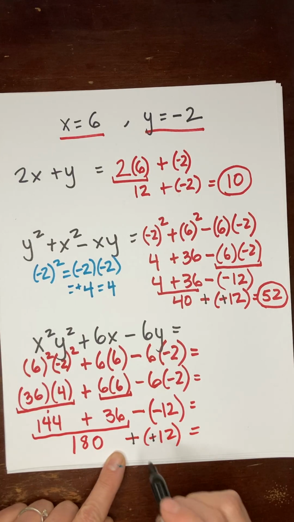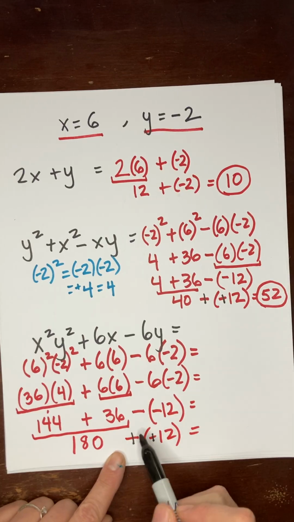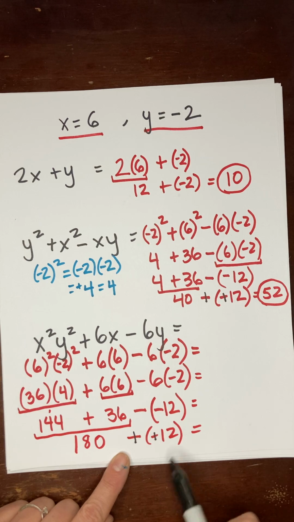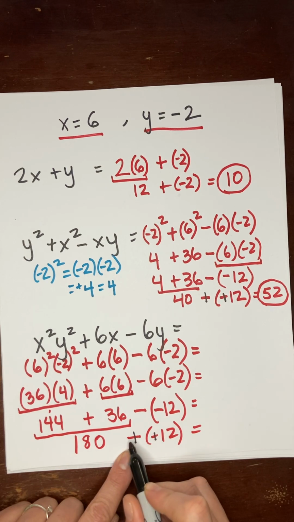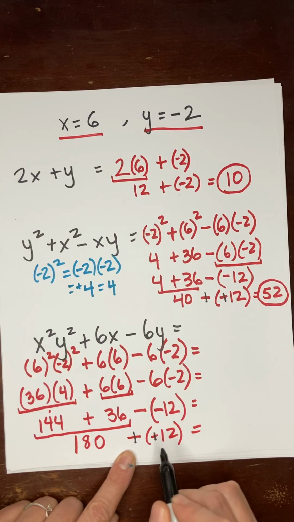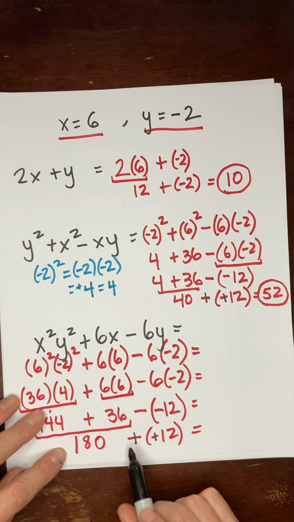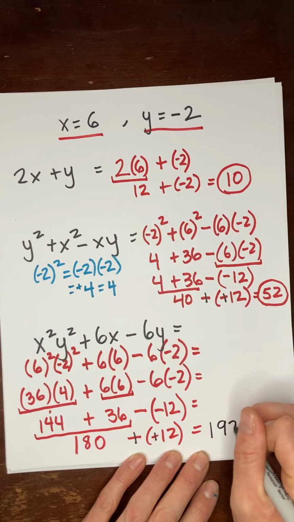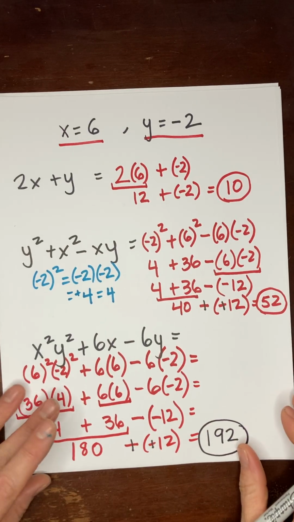Okay, I can't stress this enough because I've seen this. These are the mistakes we're making in class, is we're changing it and then we're just changing the sign of any number that we see in the problem. And that is not going to give you the right answer. Okay, so with the subtraction problem, only change the number that follows the subtraction sign. Okay, so now I end up with 180 plus 12, which gives me 192. And that would be my final answer.